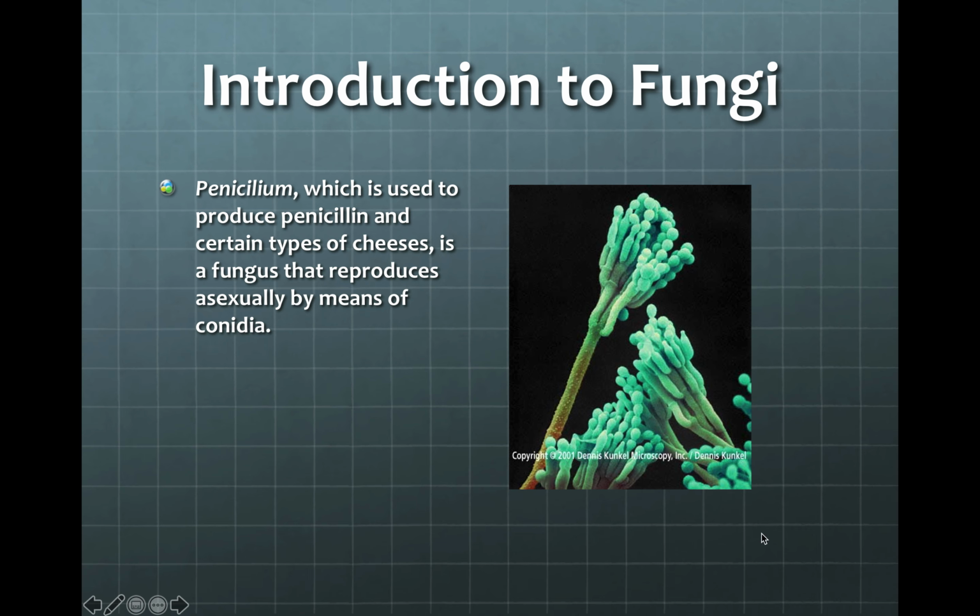This is a type of fungus that reproduces by means of conidia. So if there is no sac, then this is your conidiophore. The conidia are formed at the top, and the conidia spores are produced.